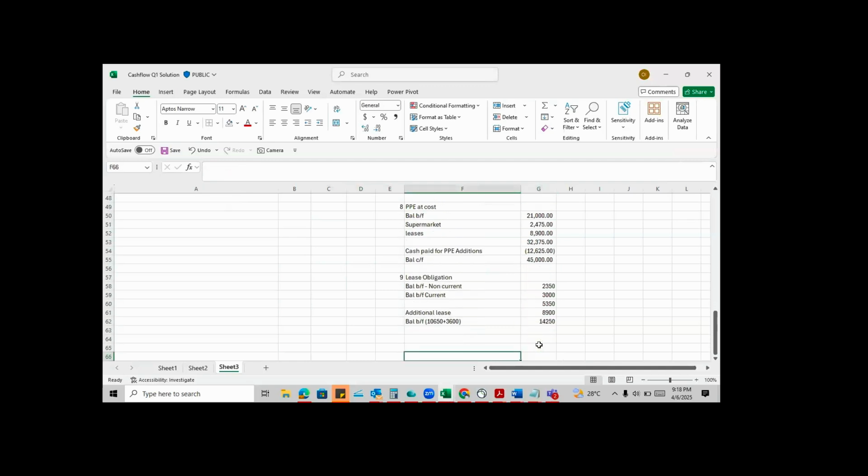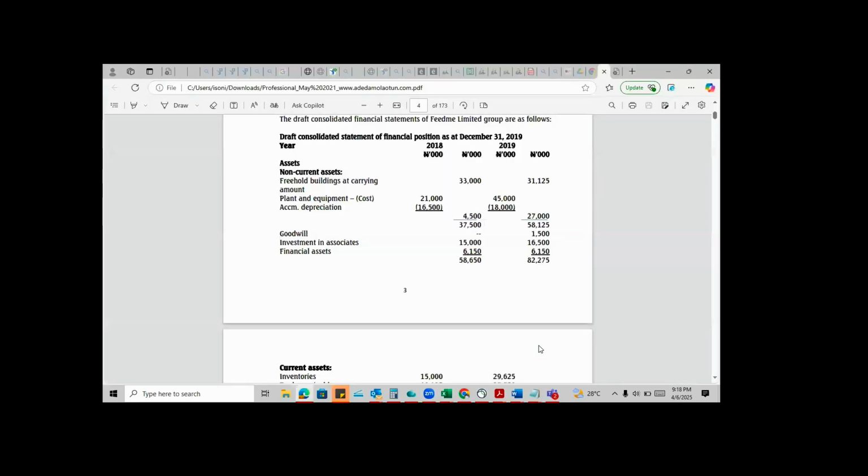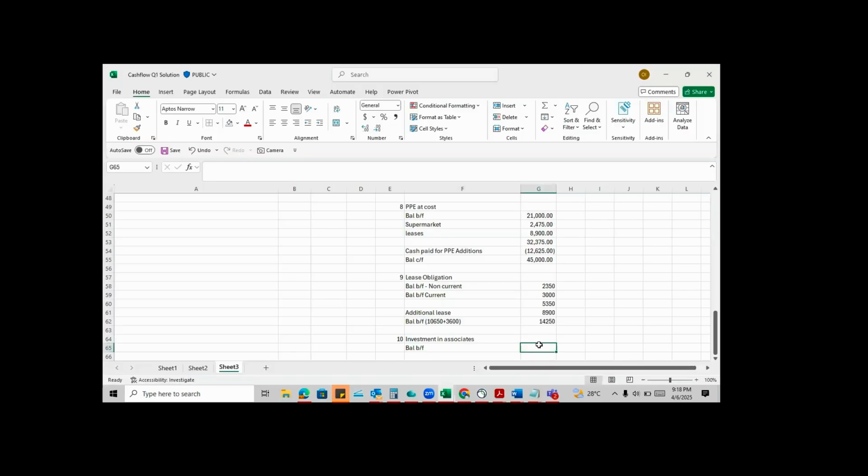All we expect, because we are using equity accounting, is that balance brought forward should have been how much? 15,000. Now share of profit.